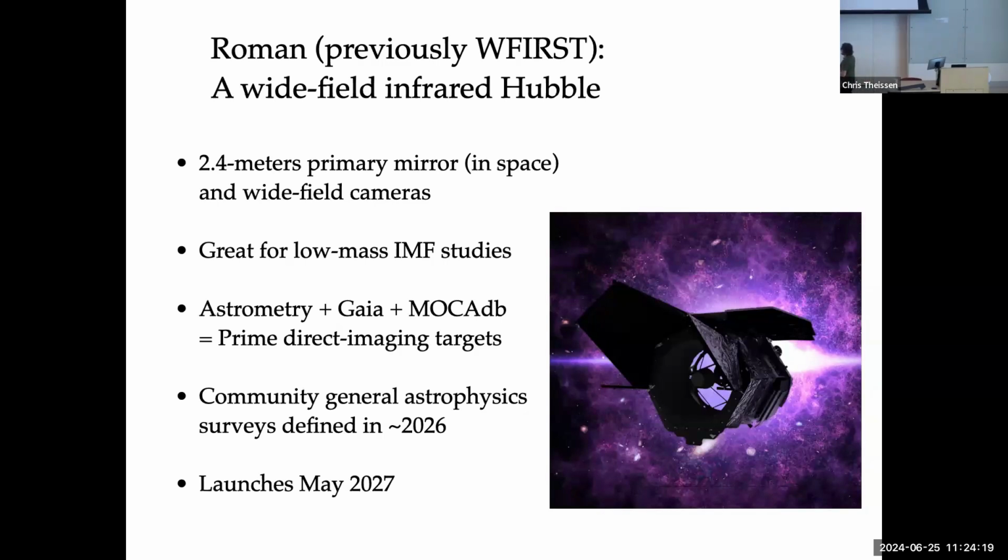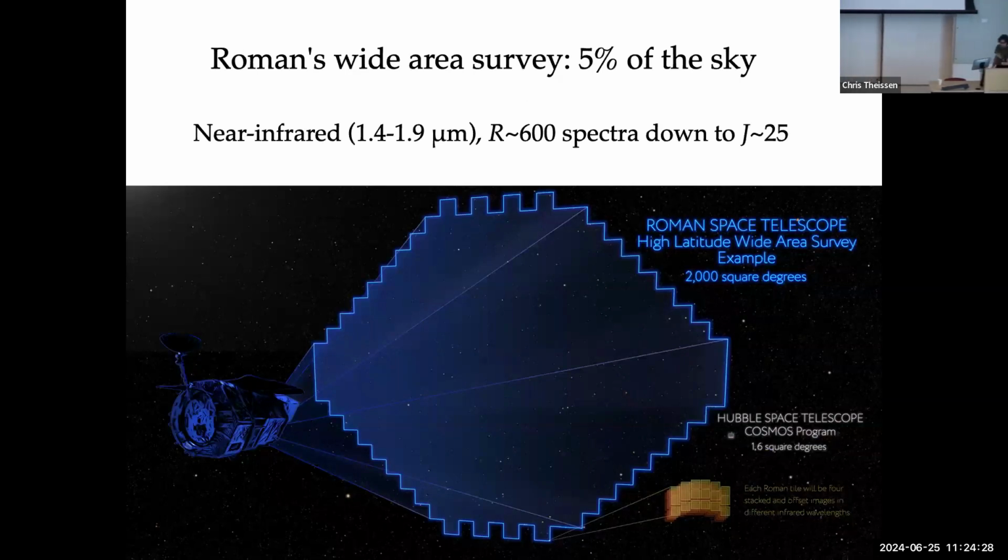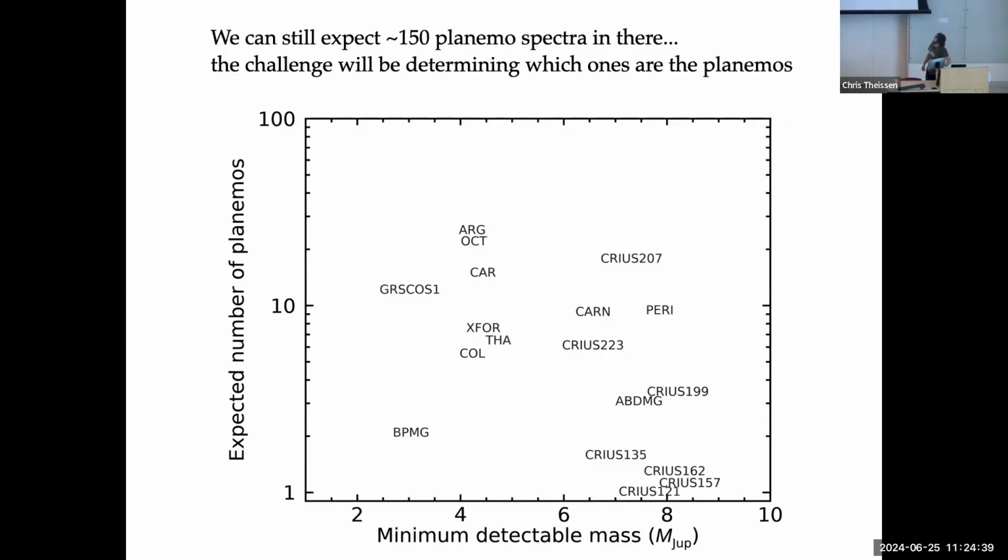Another great one will be to build the initial mass function of more distant open clusters. Here I am showing Roman's planned wide area survey, which will cover 5% of the sky, but down to a magnitude of J of 25 with spectra. We are expecting about 150 planemos from just this wide survey alone.